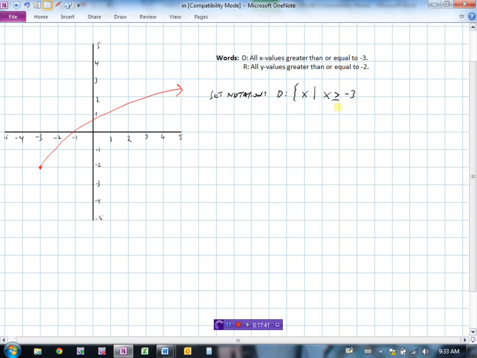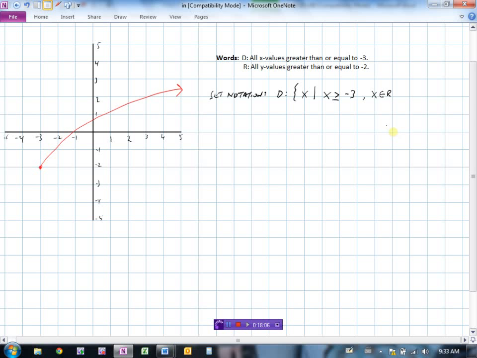So we want x values bigger than or equal to -3. Now I didn't mention this in the last example, but we could also describe what x is. So at the end we'd go comma x ∈ ℝ. So x ∈ ℝ is just another shortcut way of saying x is an element of the real numbers set. Or in other words, x can be anything greater than or equal to -3.